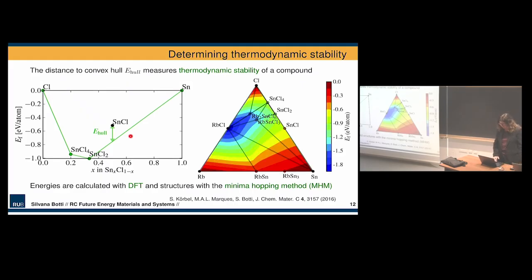Here is the same convex hull, so this line chlorine tin is here, along this side of the triangle, but here we have a ternary phase diagram now, and you see we added the rubidium, and this is because here we have some perovskites in the middle, and the color scheme now will tell you the formation energy.